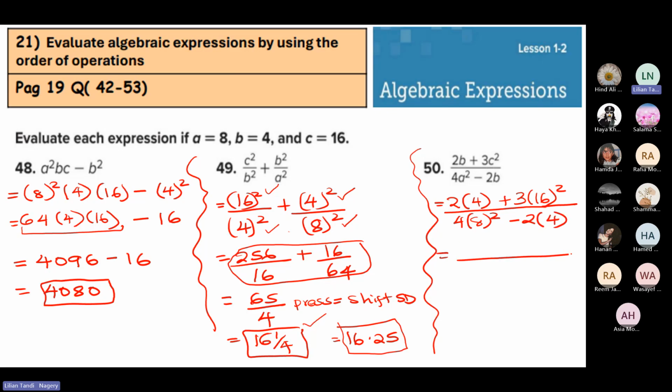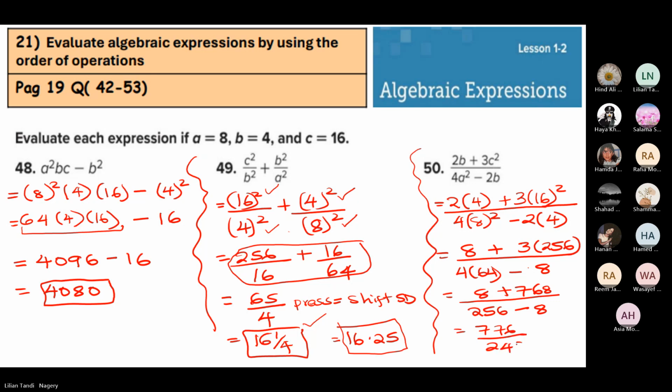Now this becomes 8 plus 3 and 256, and this should be 4 and 64 minus 8. So then this should be 8 plus 768 over 256 minus 8. Then you should get 776 over 248.